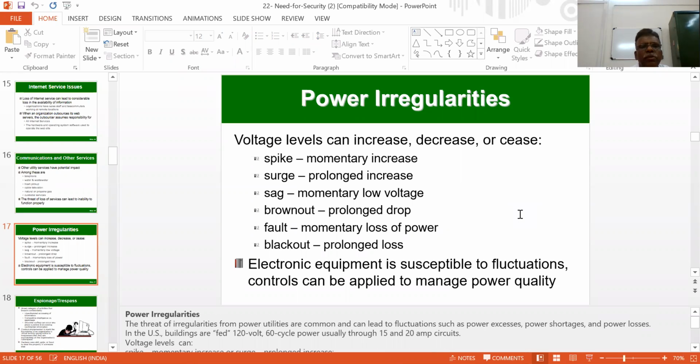When voltage levels increase, they fluctuate from one to another, decrease, or may not be available for a long time, even due to maintenance, then how will it be managed? Power irregularity like a spike, a momentary increase. So the graphs of the sinusoidal wave keep on increasing, upper bound or lower bound: spike, surge, prolonged increase, correct? There are chances of a prolonged increase making it not possible to catch a particular carrier signal.